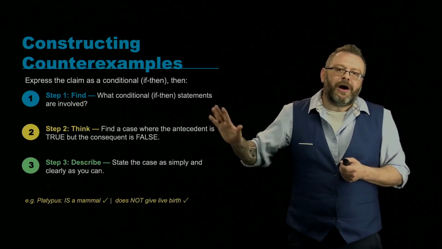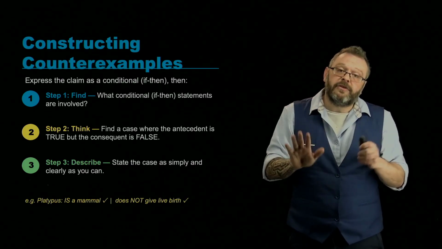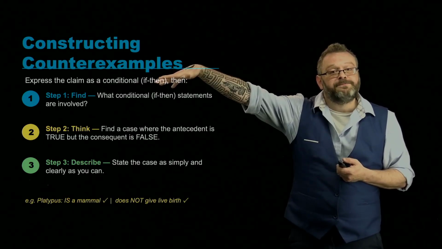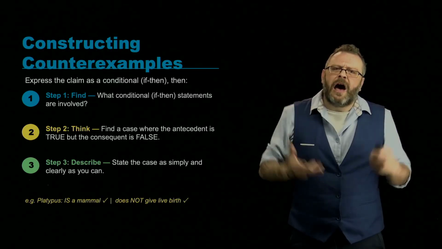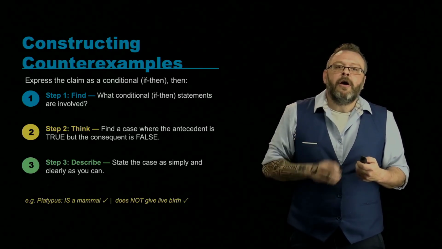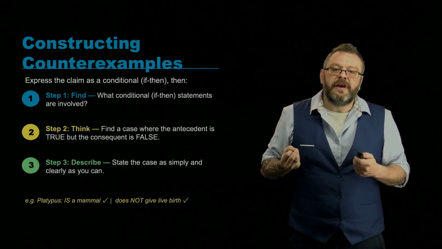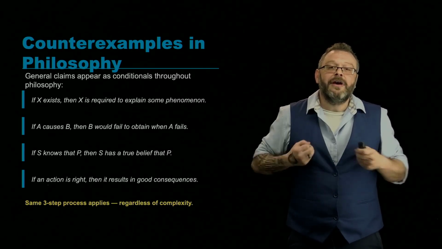You could get shot and not die. So you naturally, hopefully at least, thought of a scenario where the first part was true, you did get shot, but the back part was false, you didn't die. So you hopefully already have an intuition about how to do this. But we're going to get some practice, we're going to formalize it, we're going to build on it, and these are going to come up all over the place.